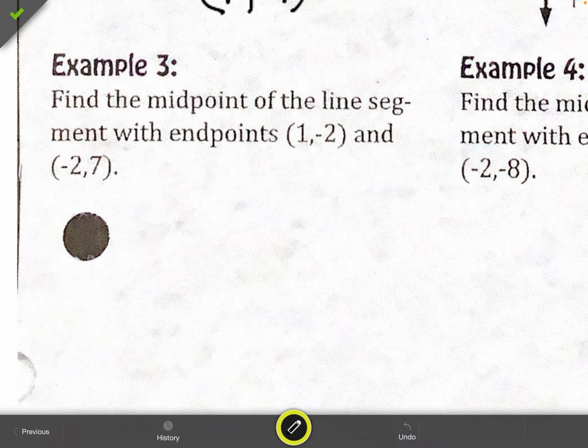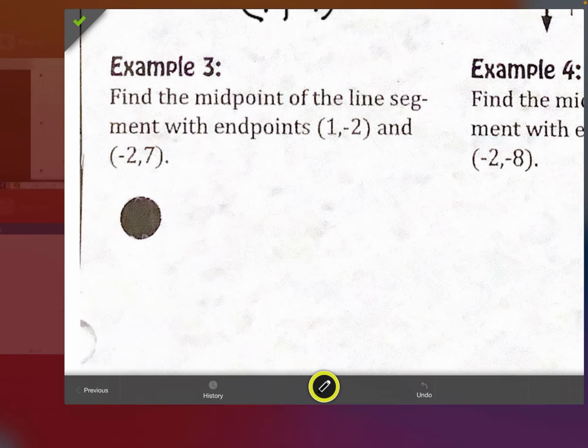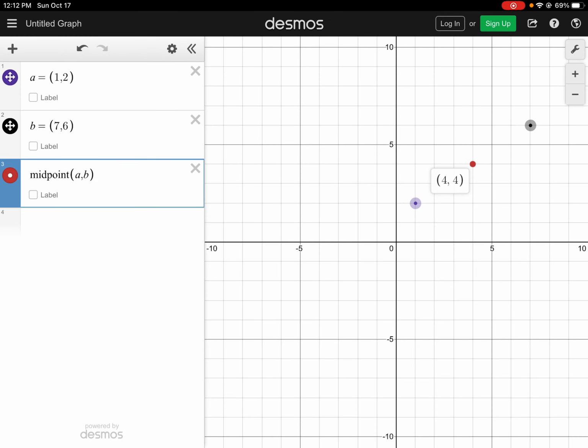Find the midpoint of the line segment with endpoints 1, -2, and -2, 7. Now you absolutely can do this by hand and drop things into your formula. But since I know Desmos will do it for me, I'm just going to make sure I input my endpoints in. Now here's where I'm working smarter.